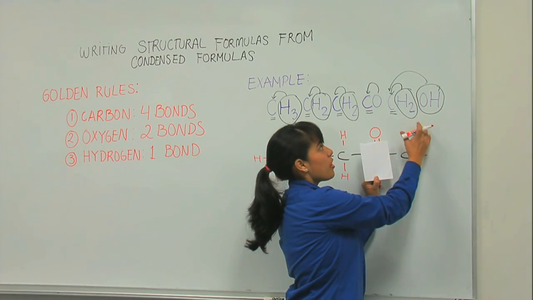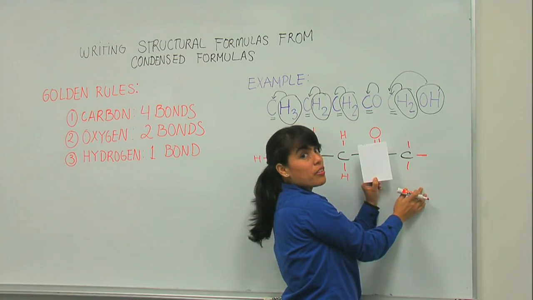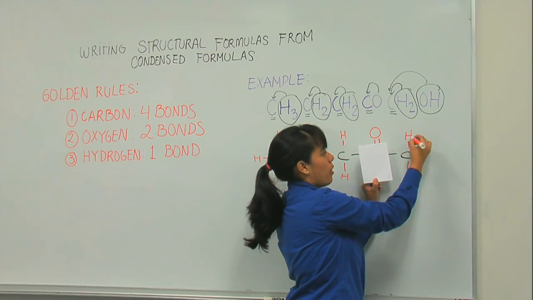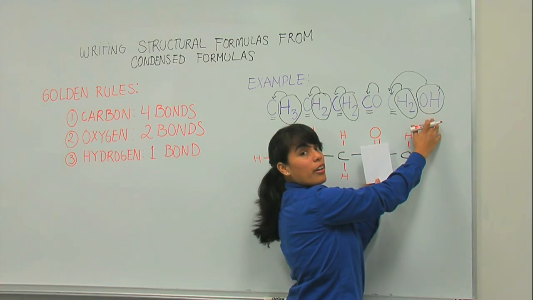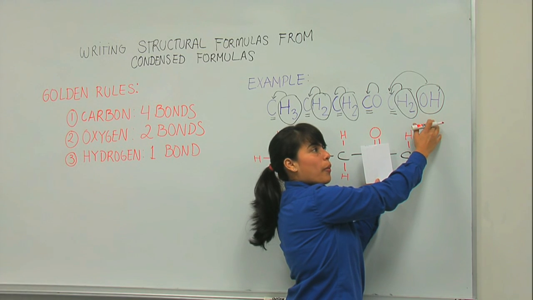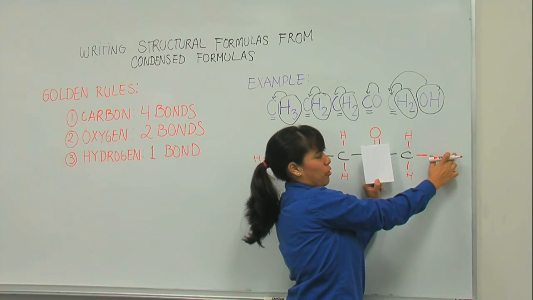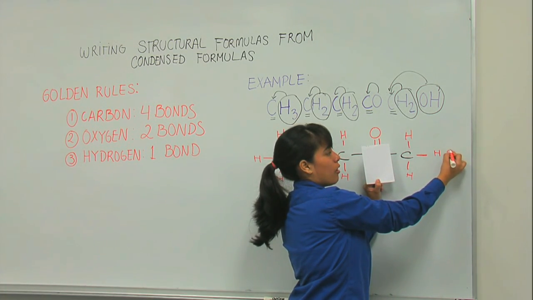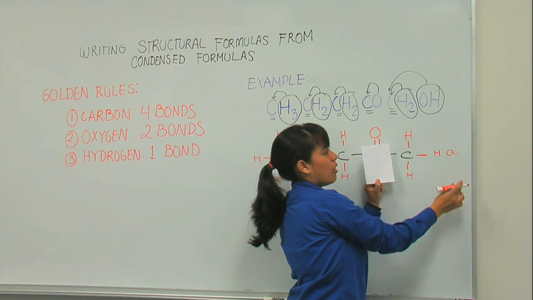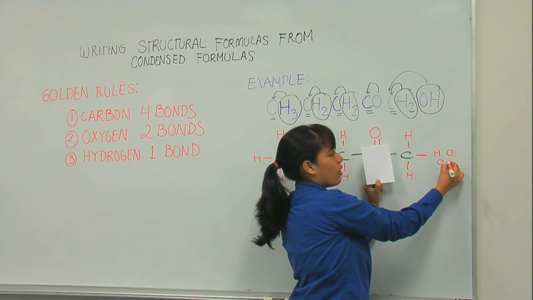Now, let's take a look at the last carbon here. I have 2 hydrogens and I have 3 spaces available, so I'm going to put them in 2 of those spaces. So what do I have left? I have left an OH. But there's 2 possibilities. I could either put the hydrogen here and the oxygen there, like this, or I could put it this way.